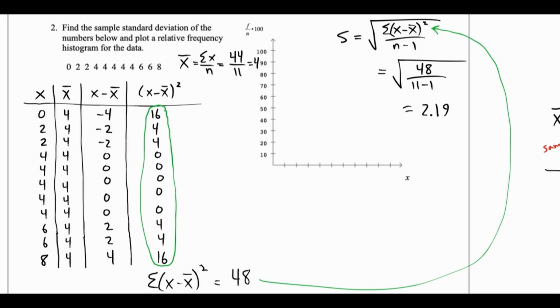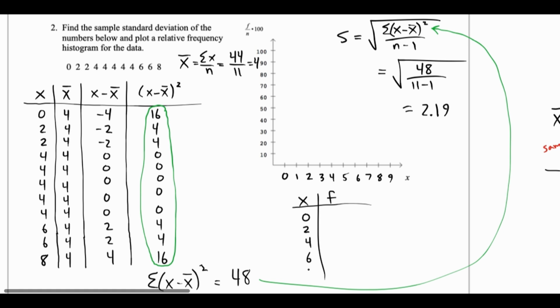So next, we want to create the frequency histogram so we can get a visual picture of what the data looks like as a bar graph. And so we want to start with a frequency distribution. And then look at all the numbers that appear. We've got 0, some 2s, some 4s, 6s, and an 8.